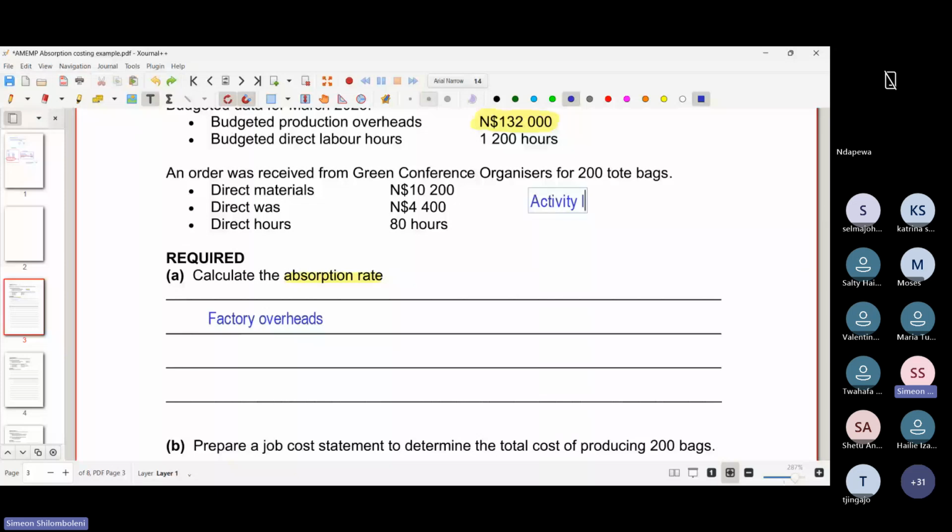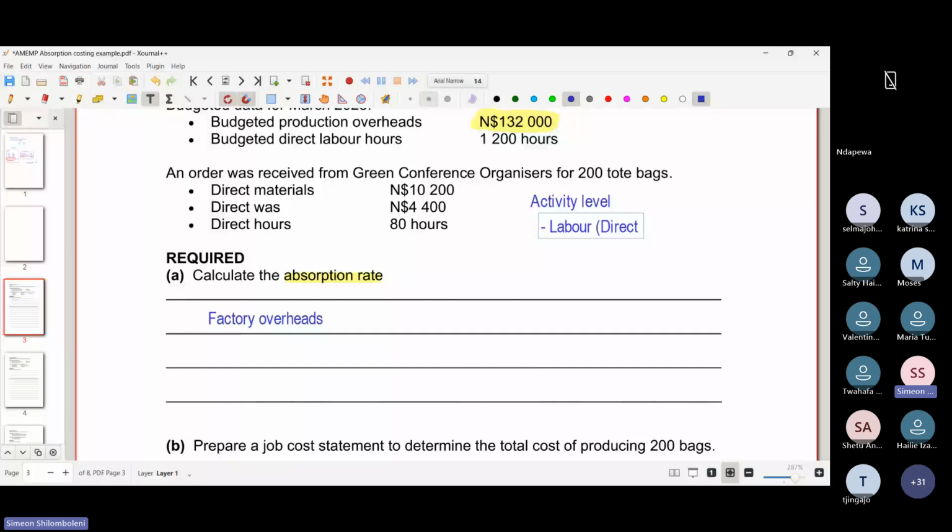Activity level means for you to produce these bags, which component is going to be utilized more? For example, in this case, for you to produce these 200 bags, labor is going to be utilized more. Maybe people are putting the bags together with their hands. So then if it's labor, then we are going to divide with direct labor hours.